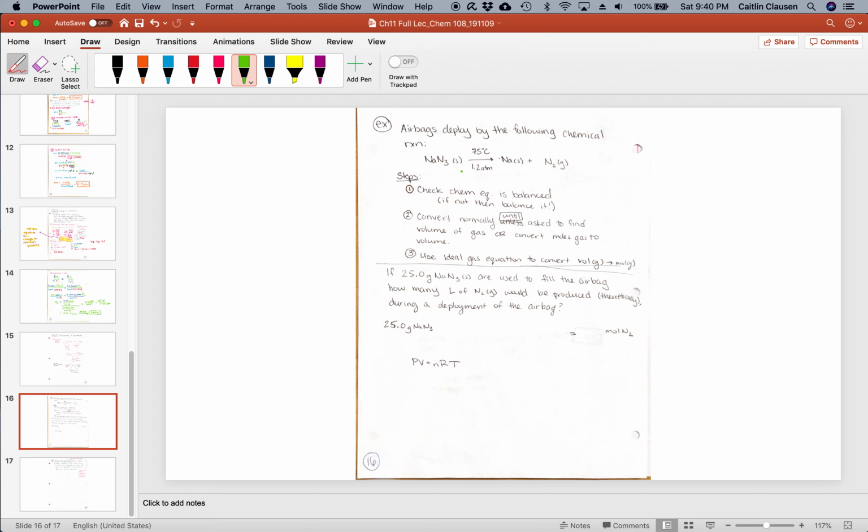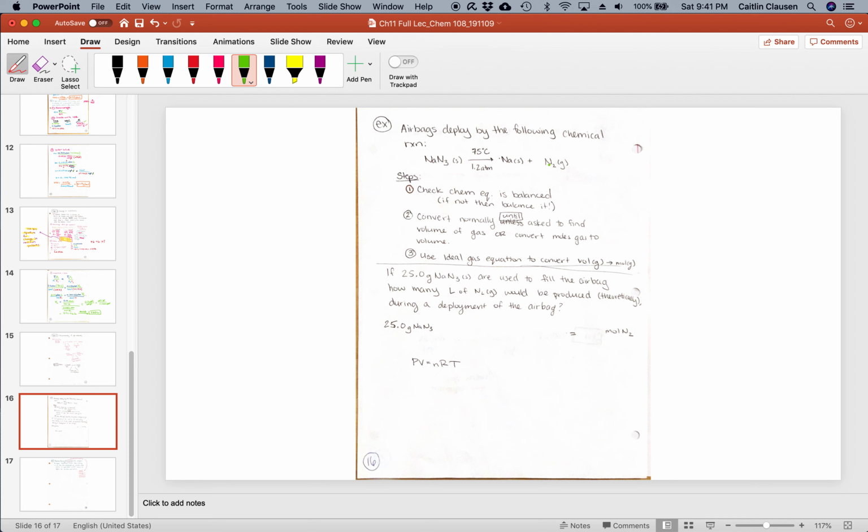So the way airbags work, they have sodium azide solid in them, and at 75 degrees Celsius and 1.2 atm, or you can just increase the pressure and not have that high of a temperature, it will undergo a chemical reaction and give you sodium solid and nitrogen gas.